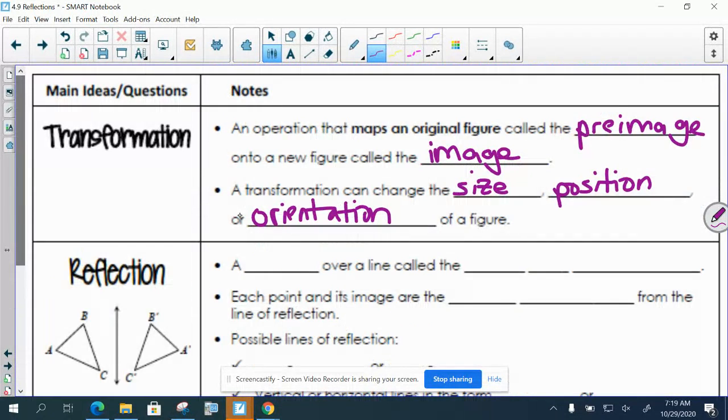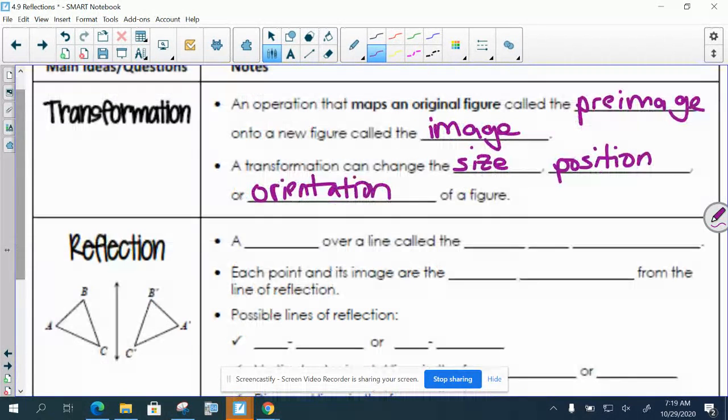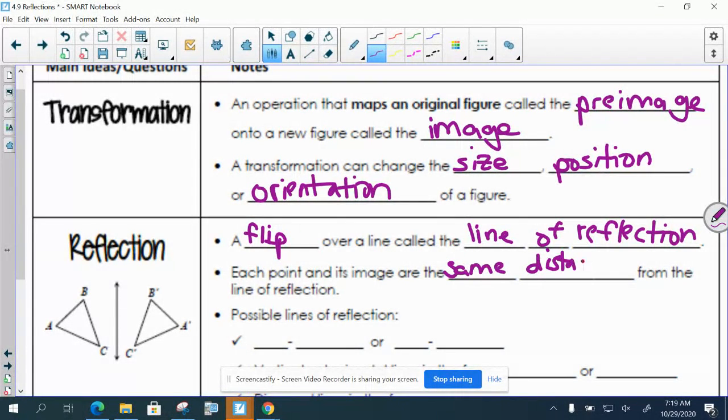So a reflection is a flip over the line of symmetry or the line of reflection. There are different kinds of lines of reflection, and each point and its image are the same distance from the line of reflection.